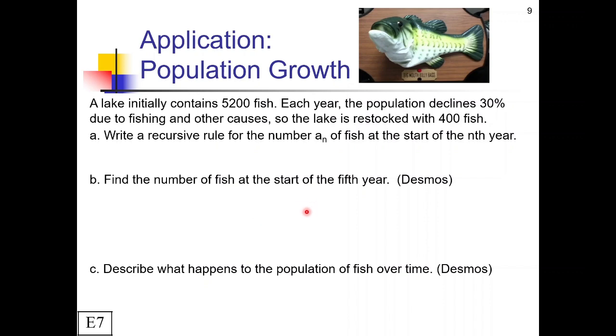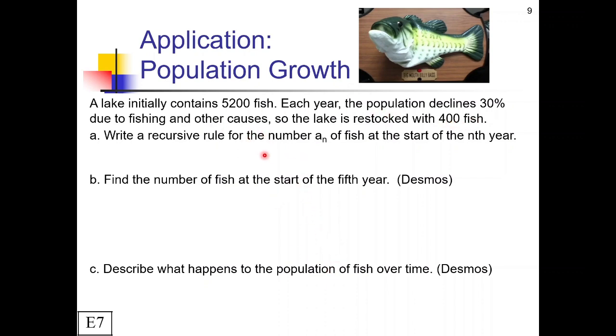So at this point, we're going to do some practical applications of recursion. We'll start with this fishy problem here. A lake initially contains 5,200 fish. Each year, the population declines 30% due to fishing and other causes that we won't name. So the lake is restocked with 400 fish. So we've got a few things we want to do here.